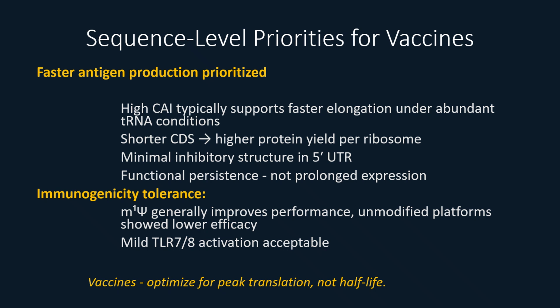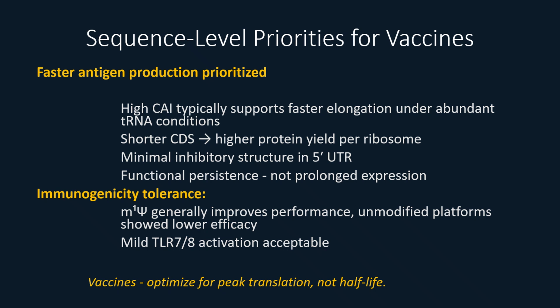A high codon adaptation is important to maximize elongation rate. A minimal structure in the 5' UTR is helpful, so ribosomes can initiate efficiently.